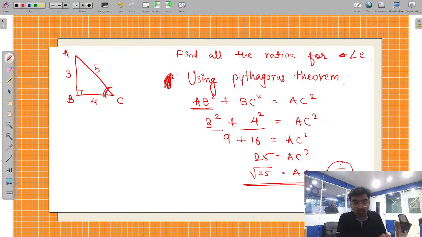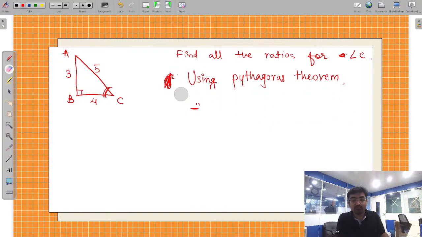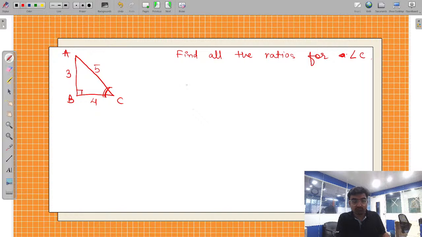Now by using Pythagoras theorem we got the hypotenuse. All we have to do now is use the trigonometric ratios. I want you to recite them one by one. First one is sin theta. Correct. Second is cos theta. Correct.